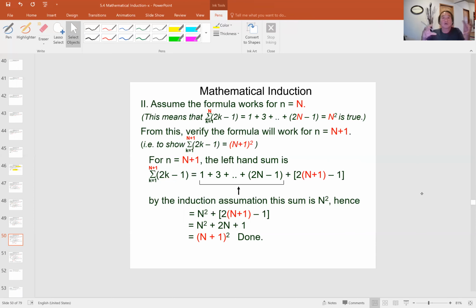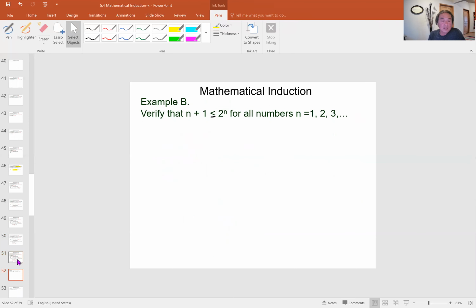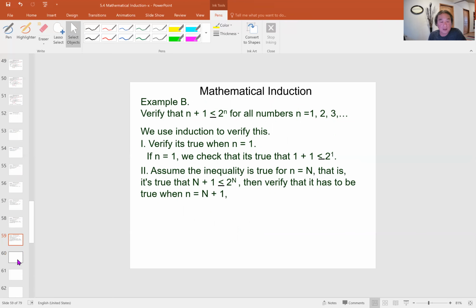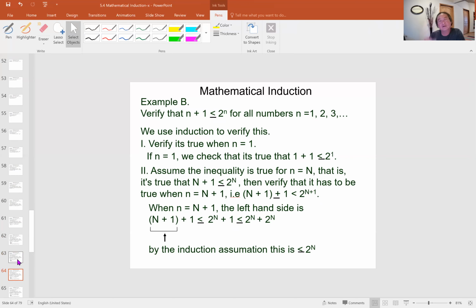Then the patterns will fold into the new, in this case, n plus 1 squared, just what we expected. Okay, and here's another example for proving an inequality using induction. And that's it. This is probably one of the most interesting sections conceptually for this course.